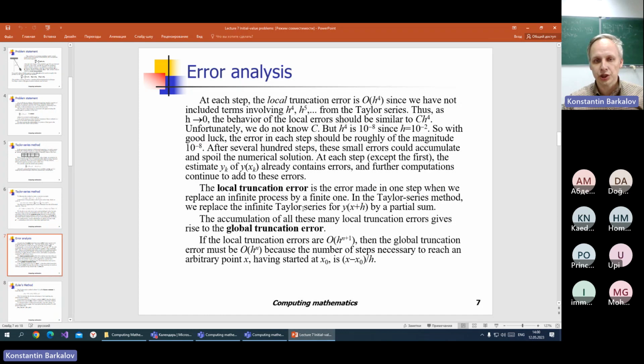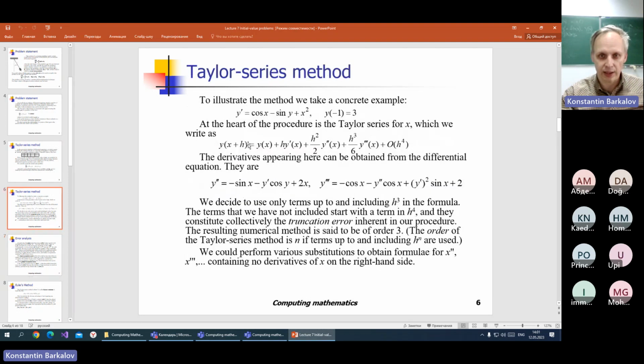The local truncation error is the error made in one step when we replace the infinite series by a finite one. In our particular example, we replace the infinite Taylor series for y of x plus h by a partial sum.